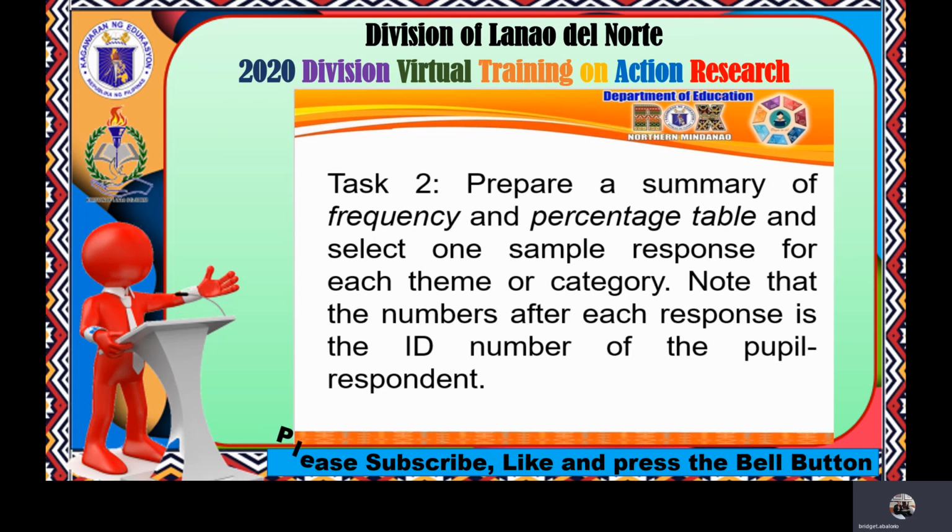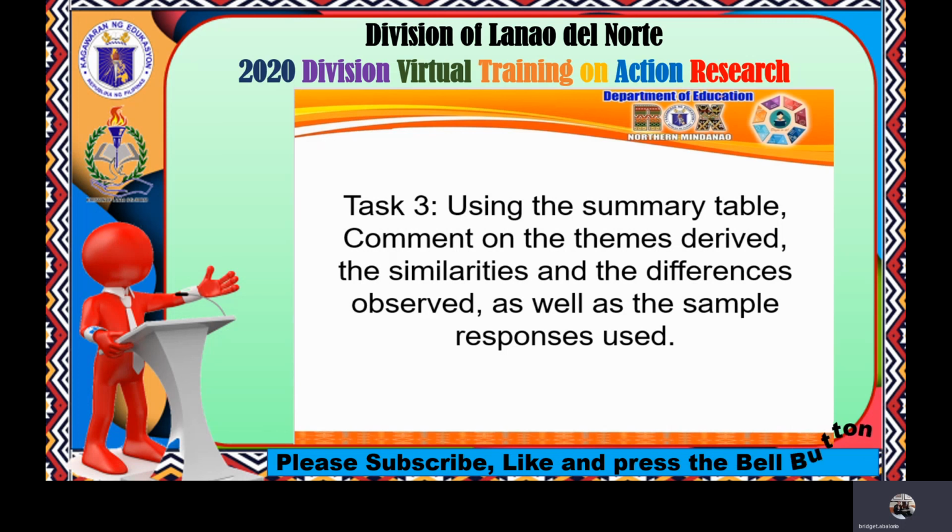Example, ID number 01, 02, 03, until 010 because our given population is only 10. Task 3: using the summary table, comment on the themes derived, the similarities and the differences observed, as well as the sample responses used. Okay, that's all.